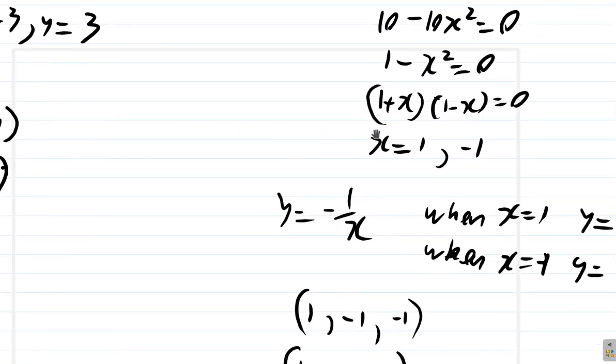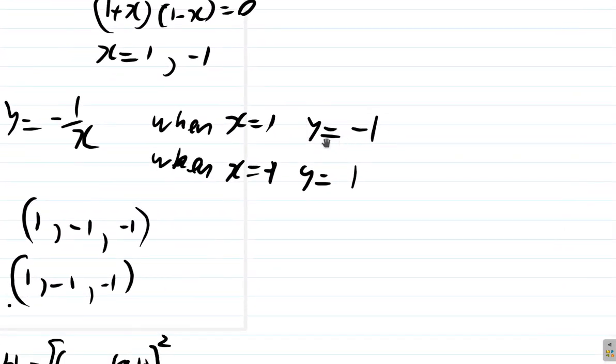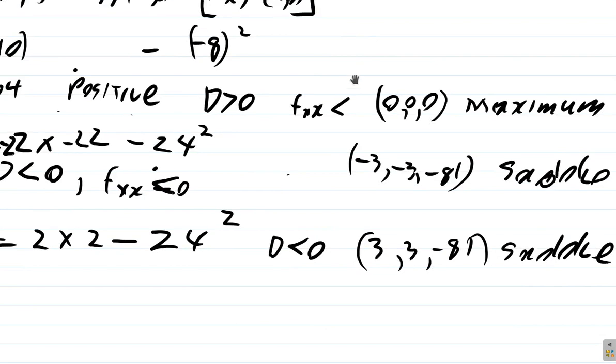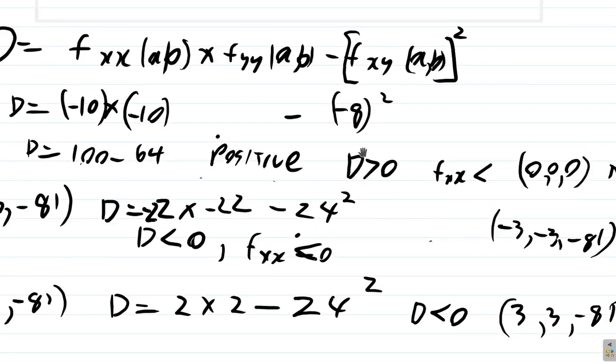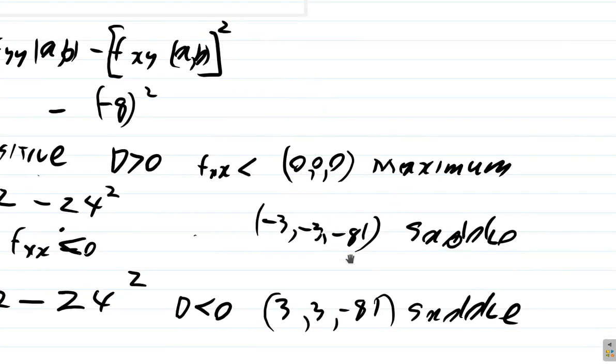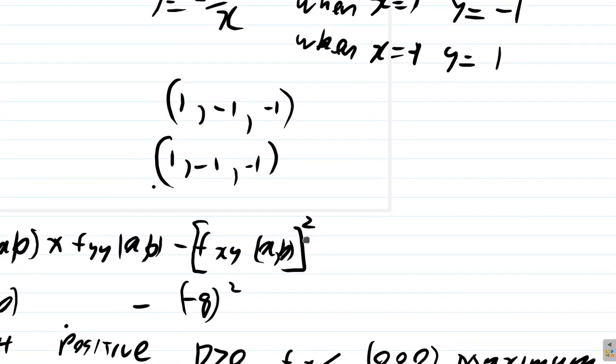Alright. So we have these four points. Now when x is 1 and y is negative 1, what were the locations again? 1, negative 1, negative 1.